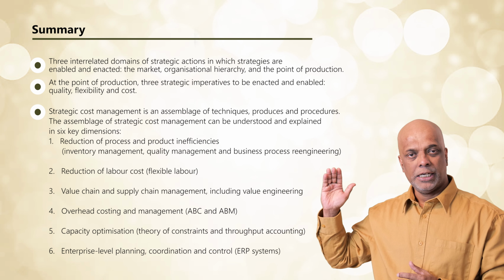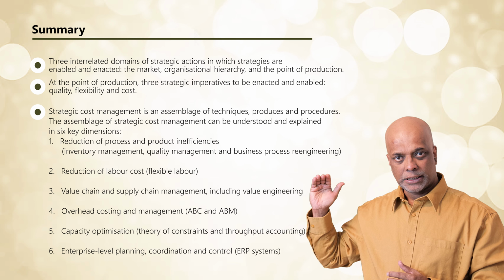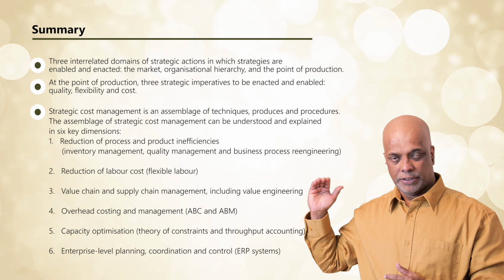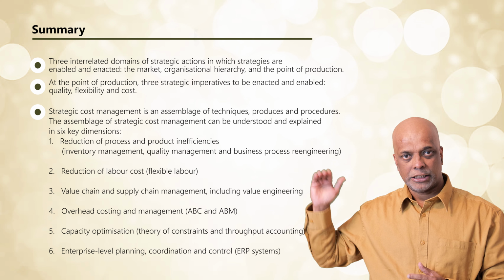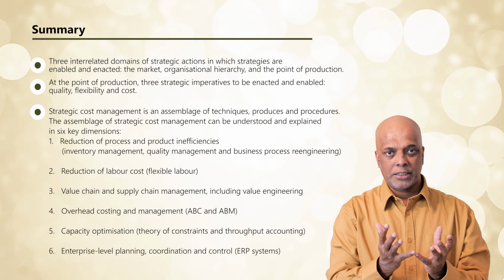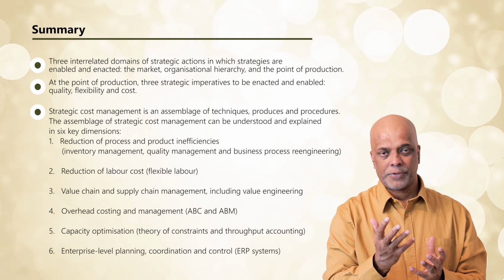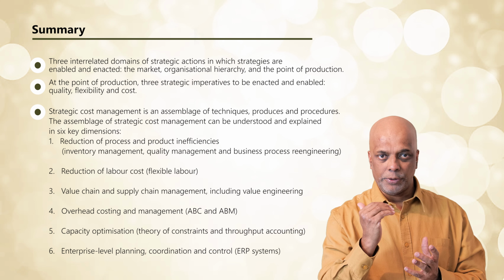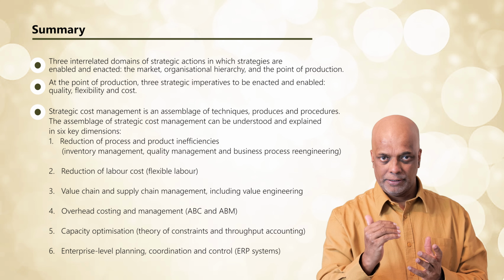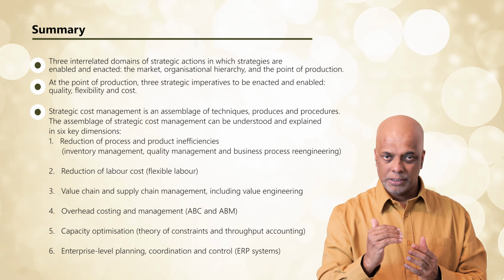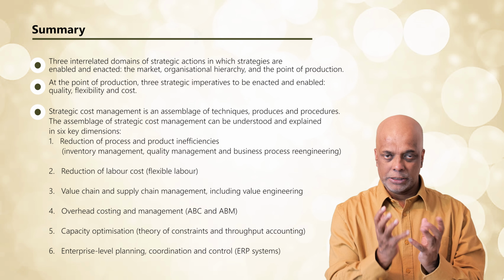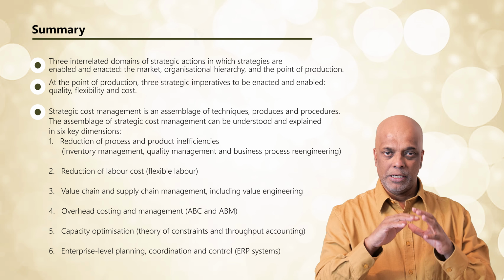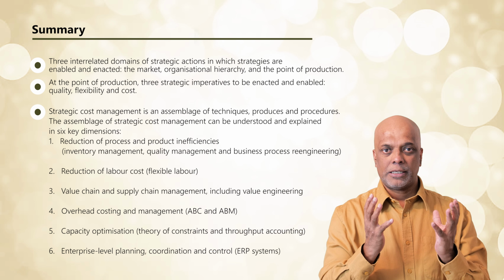The first one is the reduction of process and product wastages and inefficiencies. In that respect, we discussed the role that quality management, especially the reduction of the defective rate, can play. We also talked about the role that inventory management, especially the JIT, just-in-time manufacturing system, can play.